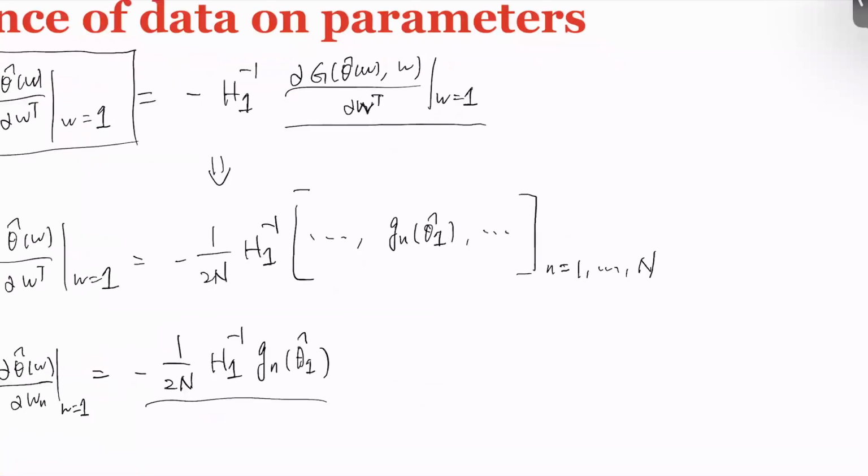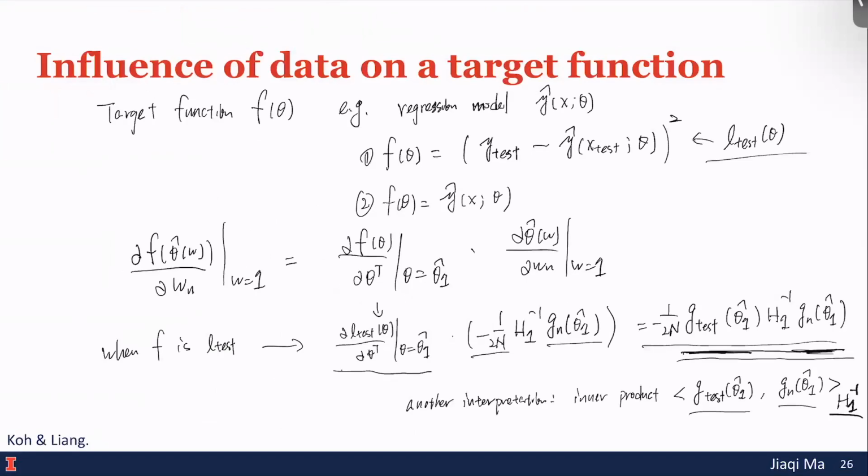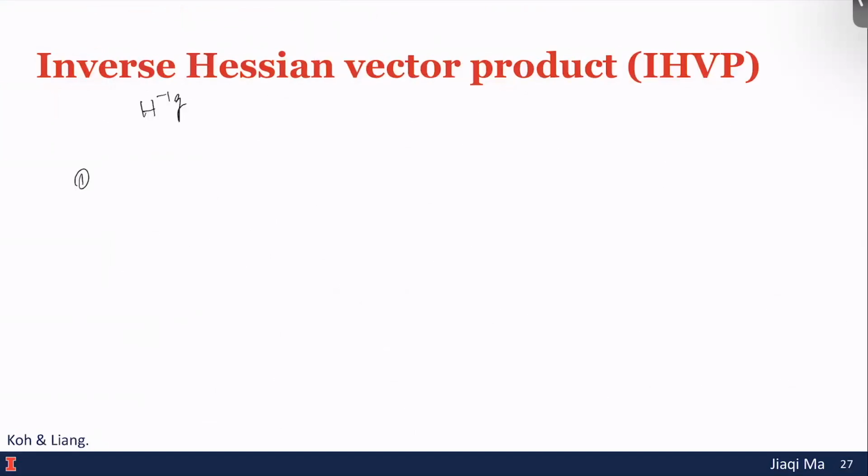But in practice, for example, with neural network models, this H may not be invertible. So can we still apply influence function on those neural network models? In practice, the answer is actually yes.